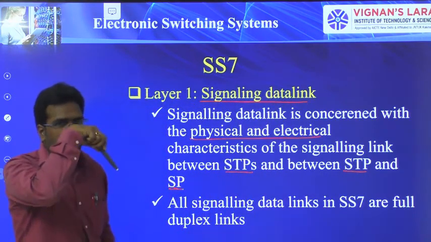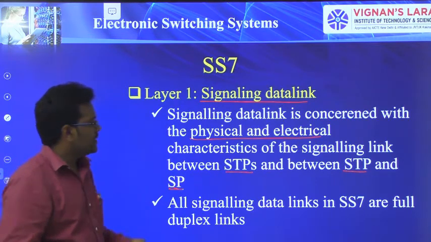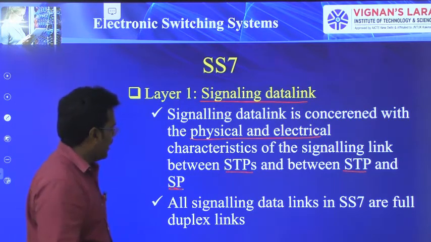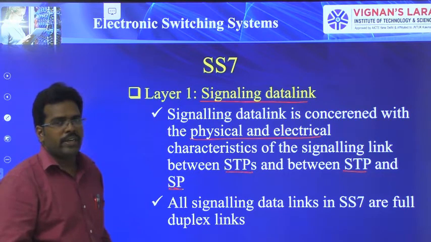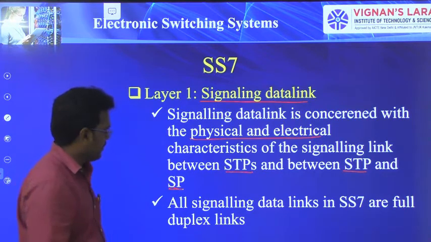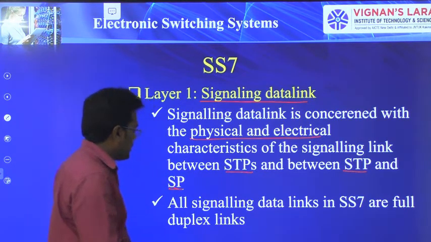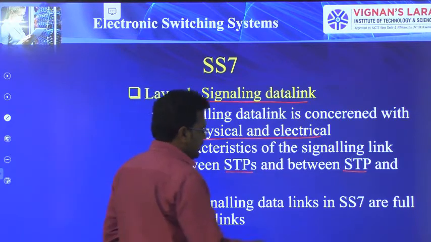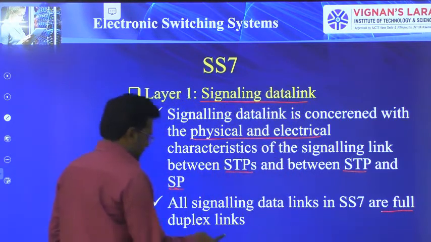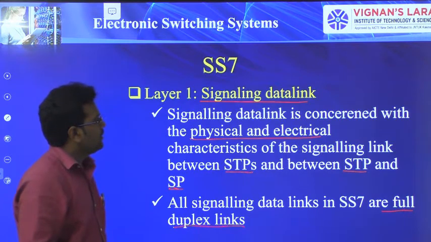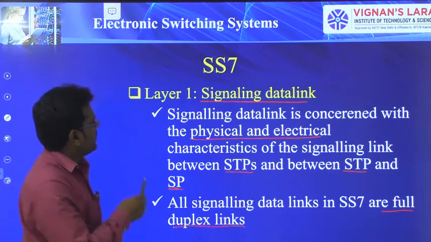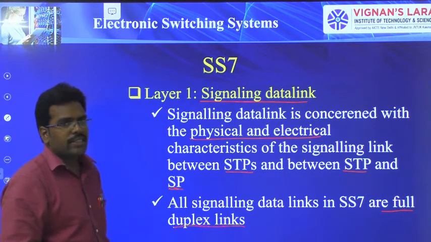What does STP stand for? STP stands for signal transfer points and SP stands for switching points. All these signal links in SS7 are fully duplex. So this is about the first layer of SS7.